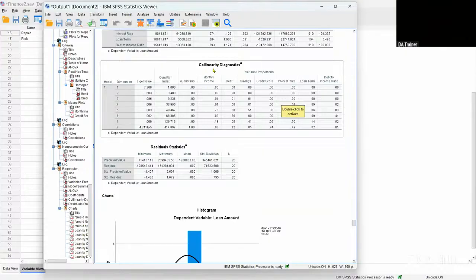Now let's come down to this table of collinearity diagnostics. These are their variances. These are the constant we have, the monthly income, the savings, and all that.